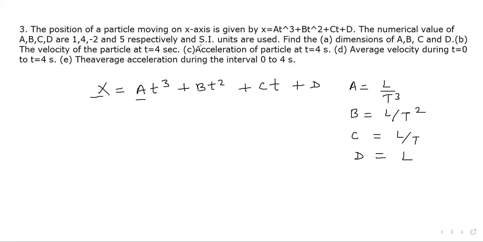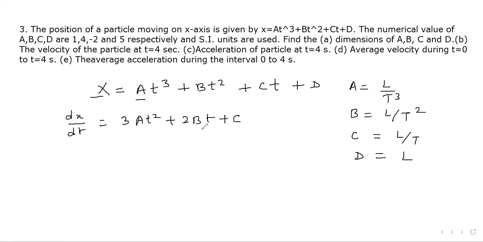Now, the velocity of particle at t equal to 4 seconds. So we can differentiate this equation dx upon dt to get velocity. This will become 3at square plus 2bt plus c.